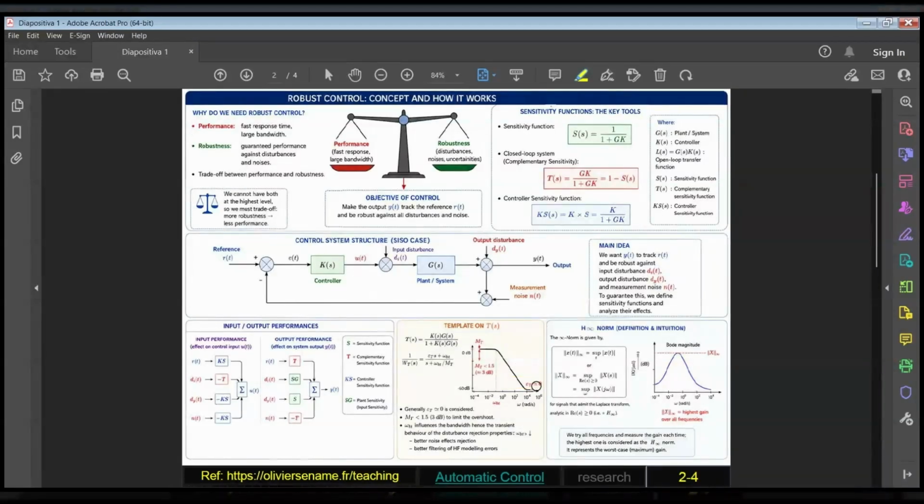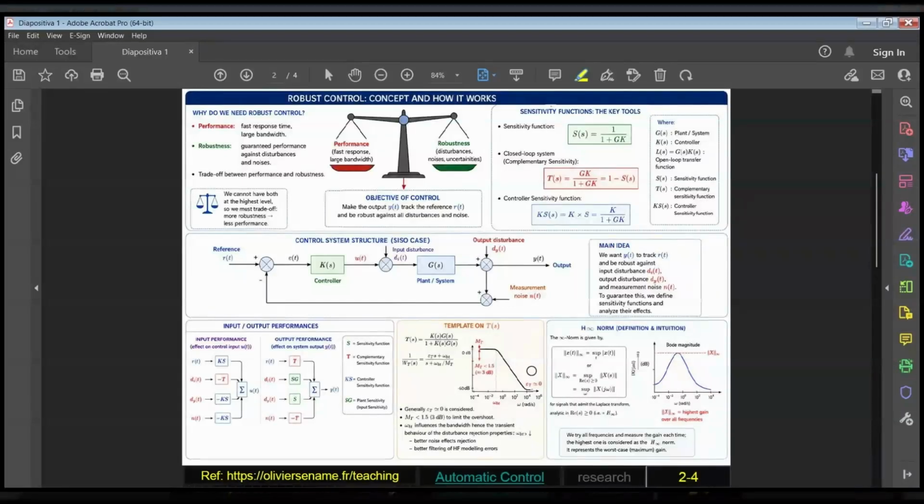Therefore, our objective becomes: at low frequency, T should be approximately 1 so that the output tracks the reference, and at high frequency we would like T to be approximately 0 so that the output rejects the measurement noise. In summary, we can say the low frequency is for tracking and high frequency is for noise rejection.